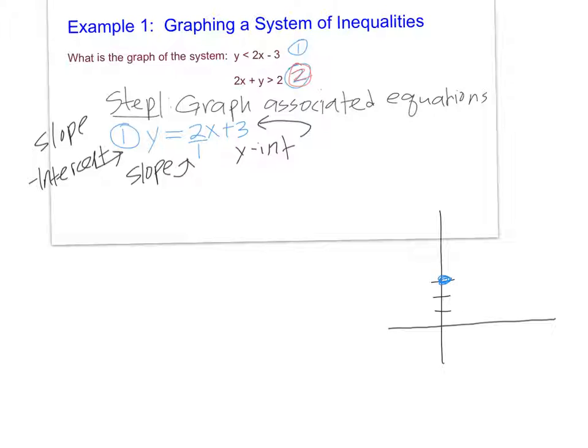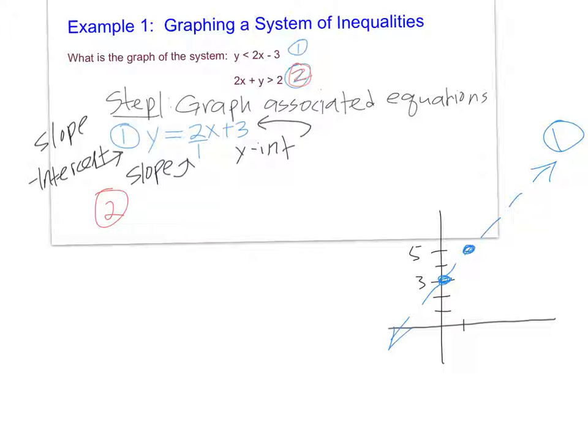The slope is 2 over 1, so we go up 2 and right 1. The inequality does not have an equal sign, so we make a dashed associated line. We'll number that number 1.